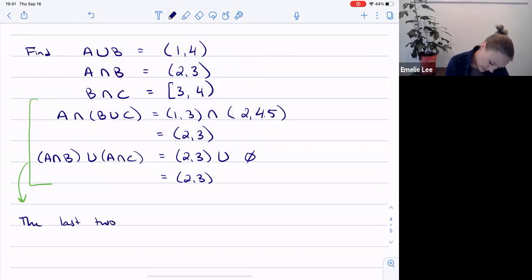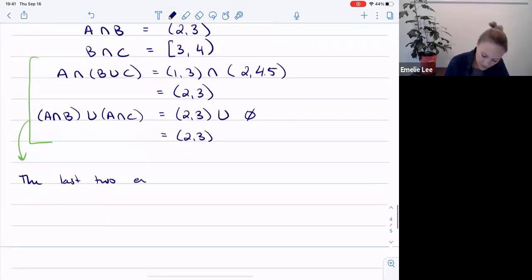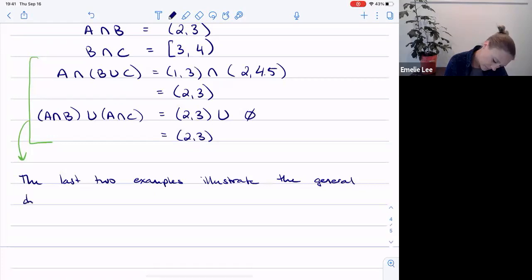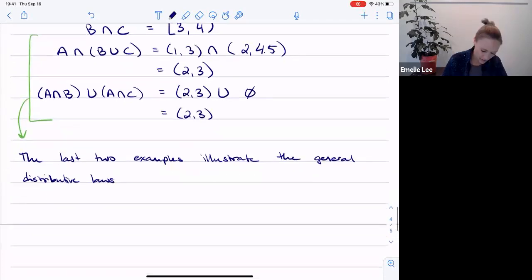The last two examples illustrate the general distributive laws. Okay. And the general, I only need one more line, I think.